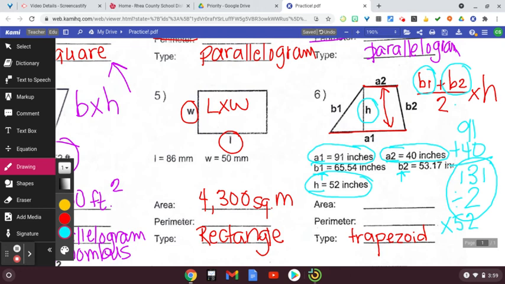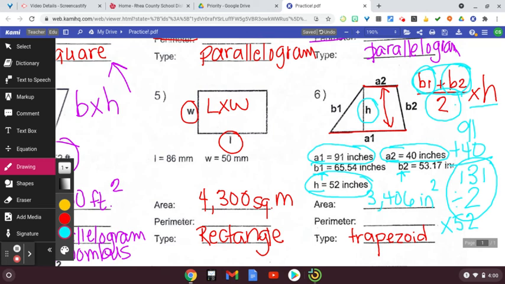Do one step at a time. Add the 2 together, then divide that value by 2. Then that value, you multiply that all by H. So if you do this correctly, you will get 3,406 inches squared. And that's all you have to do in order to find the area of a trapezoid.